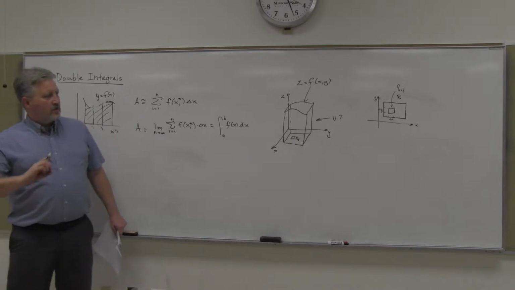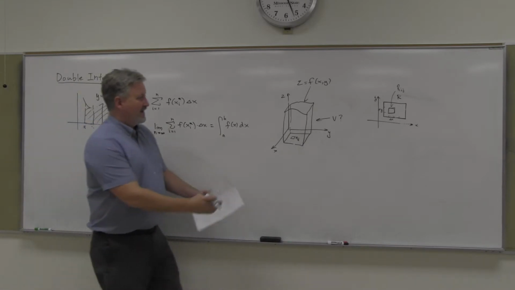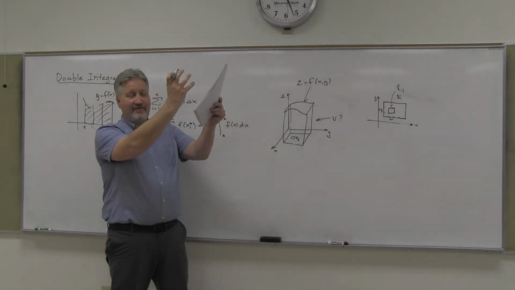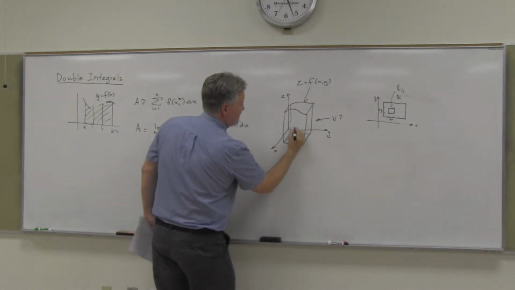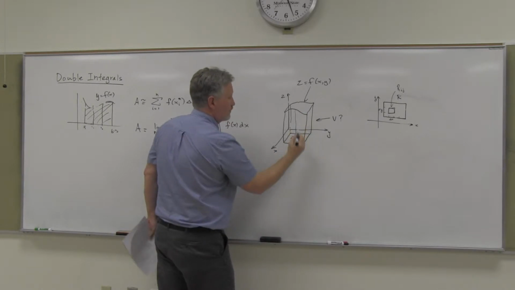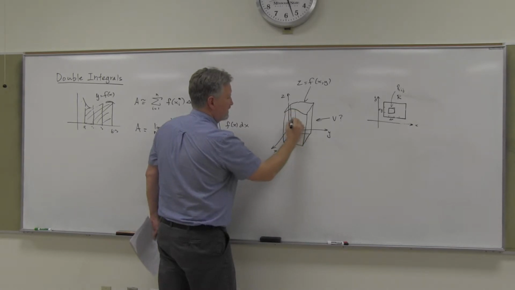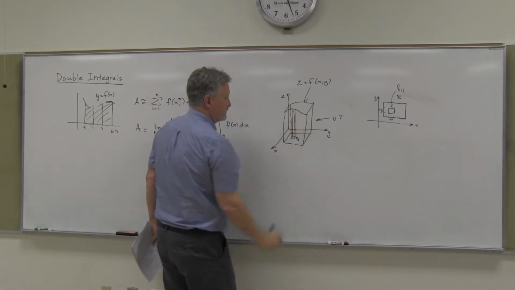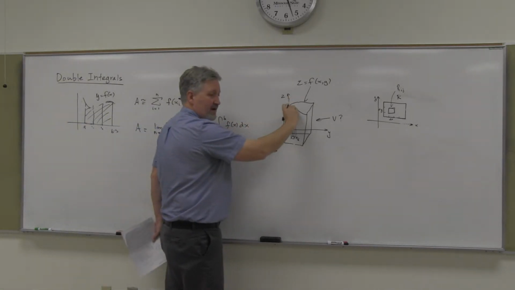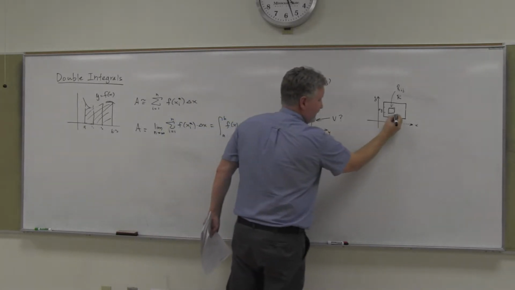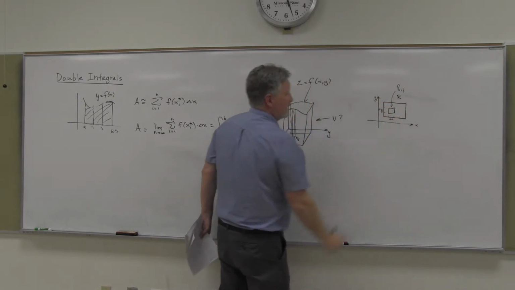Okay, and so each one of those individual rectangles, I can project that up to the curve, right? So this goes up here, and depending on where I want to take those interval points, it's a little messy there, but wherever I want to take, I figure out my height based on that. Do I want to take it in the corner? Do I want to take it in the midpoint of both? Depends.